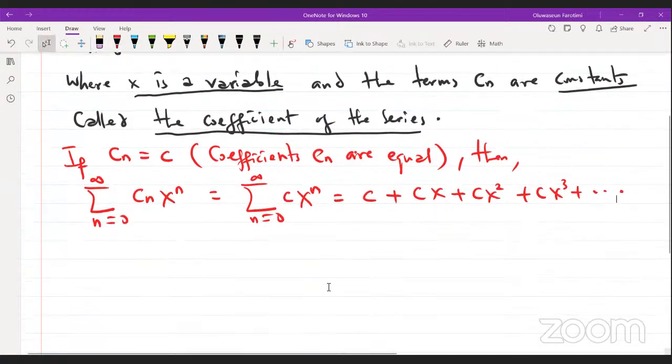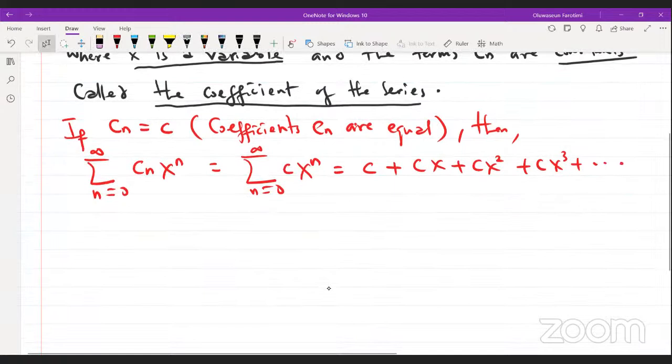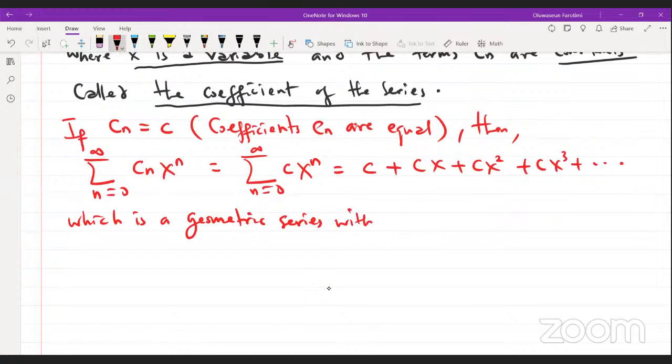And what is this itself? This is a geometric series with first term C, and the common ratio is x.